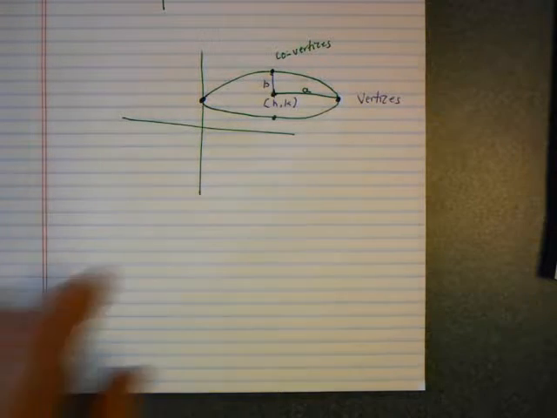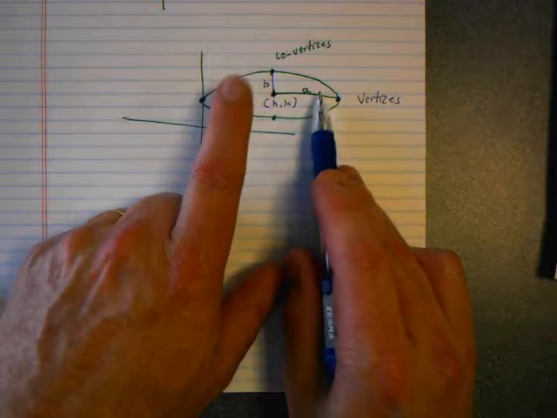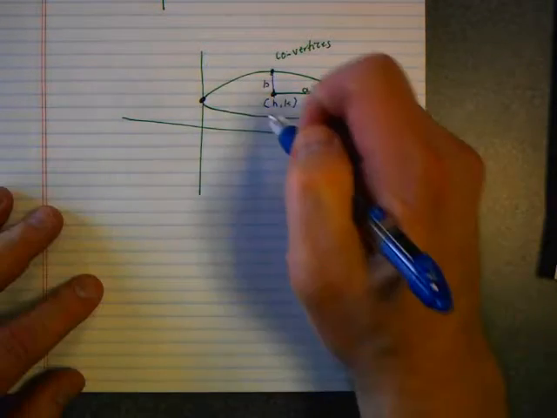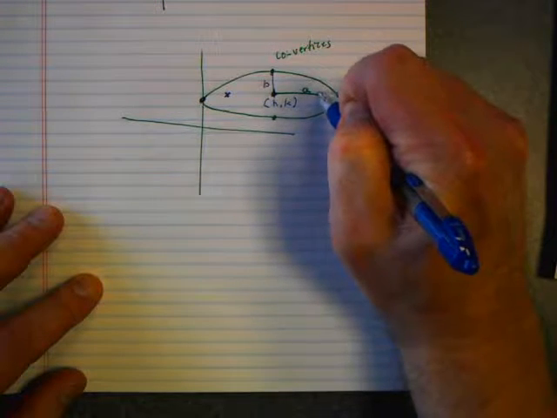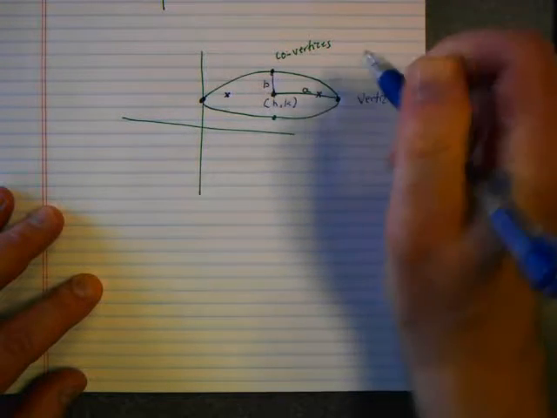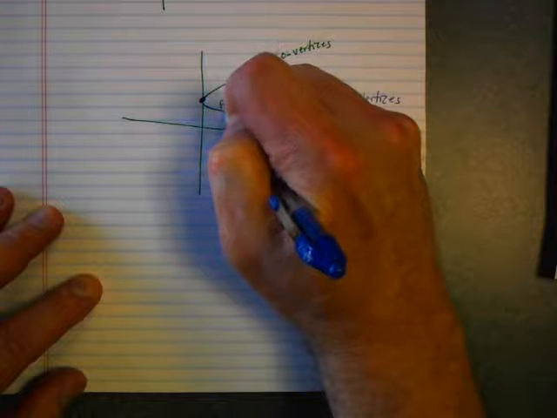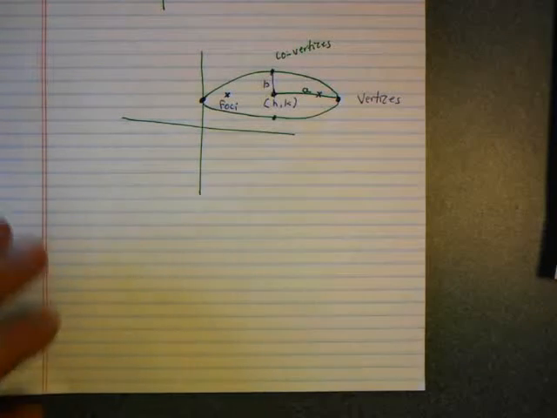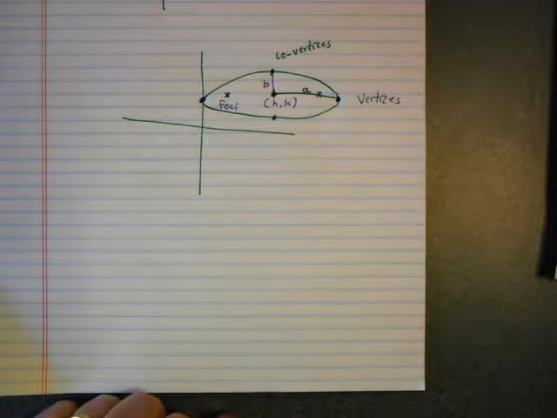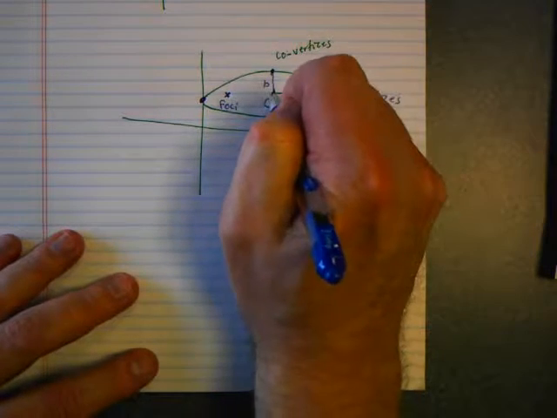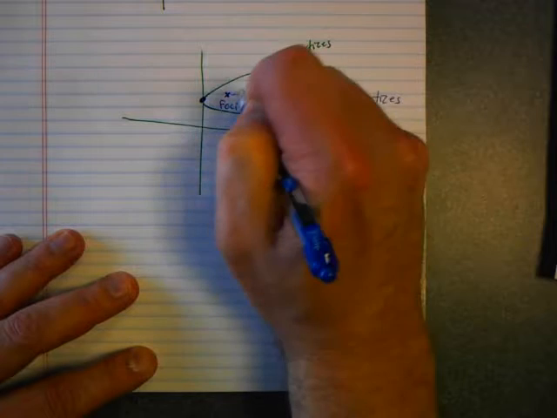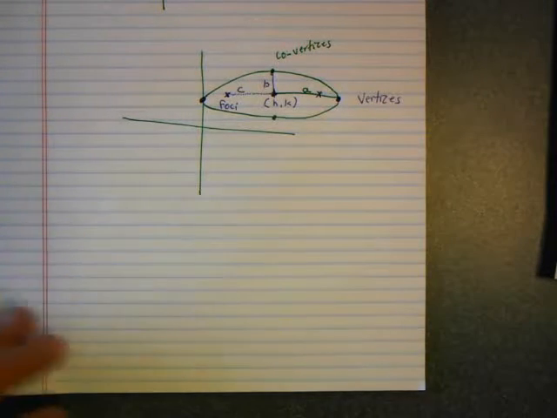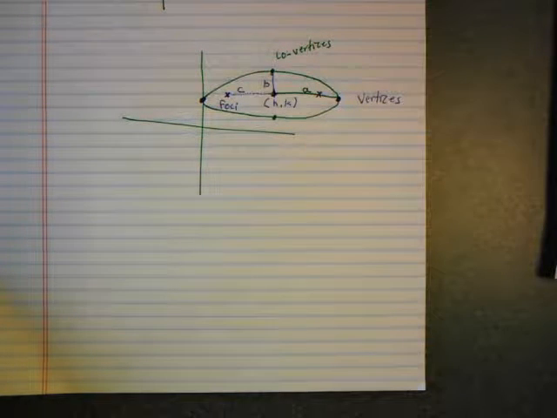Finally, somewhere in the middle of this ellipse, we have 2 points, right about here and right about here, and they're called the foci. The distance from the center to a focus is called C. All right, so we have lots of letters there.